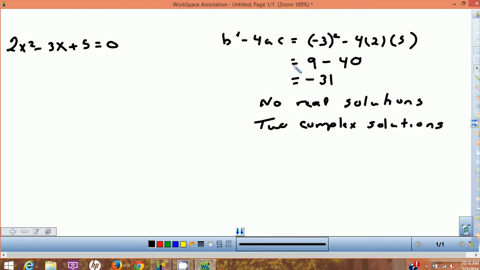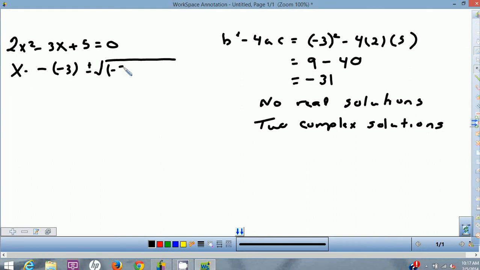So let's solve this. Let's figure out what the solutions are going to be here. Let's use the quadratic formula. X is equal to negative b plus or minus the square root of, and I'm going to go ahead and fill this in even though we already know what this value is underneath the radical, negative 3 squared minus 4ac, all divided by 2a.